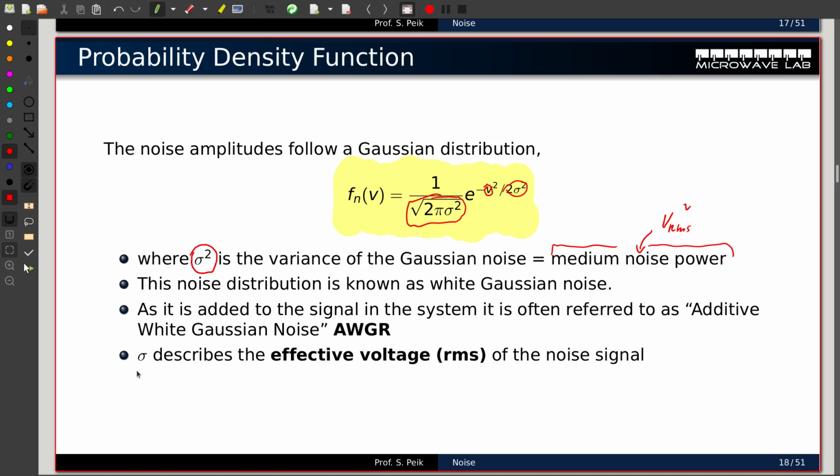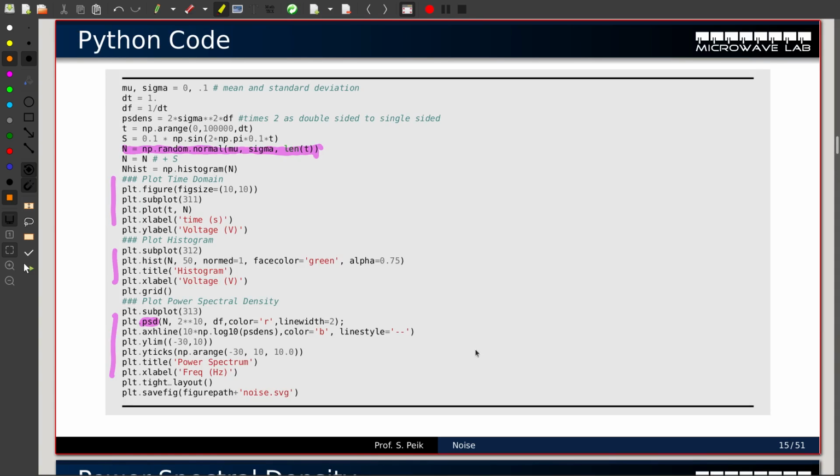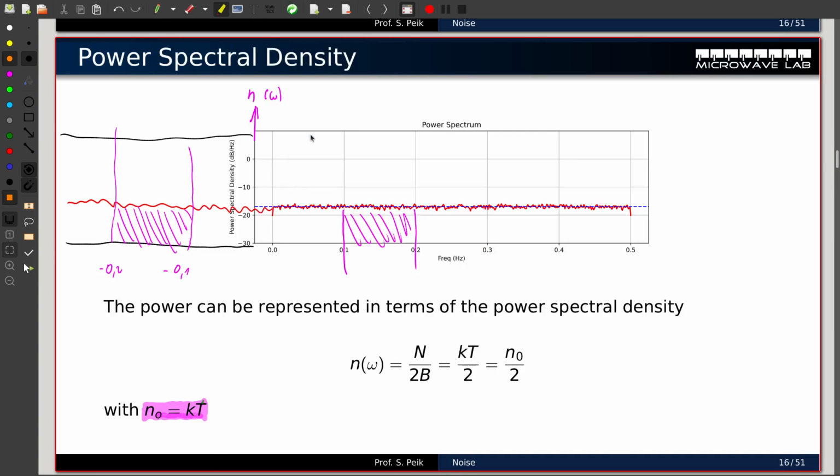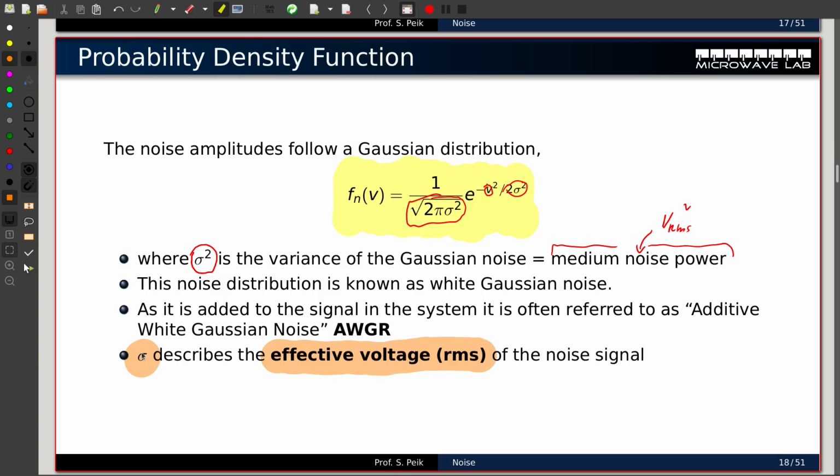That means that sigma squared is my noise power, and sigma is nothing else but the RMS value of my voltage, the RMS value of the noise. So when you want to plot your noise power, in my case here it's just 1, the RMS value. You can do it by this connection between sigma and the RMS value of the voltage.